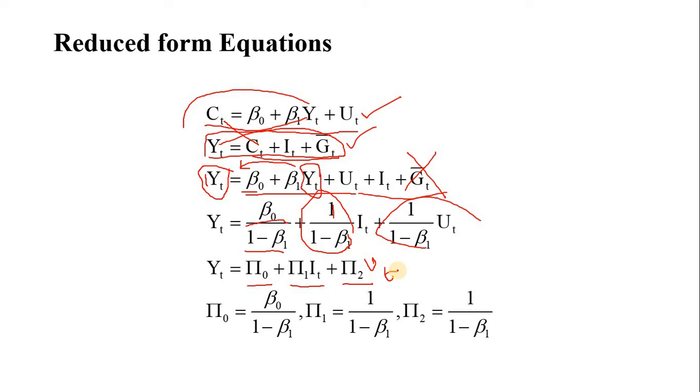What was our original equation? These were our two original equations. Now we have derived this equation. Look at it: in yt there was ct, but now there is no ct.